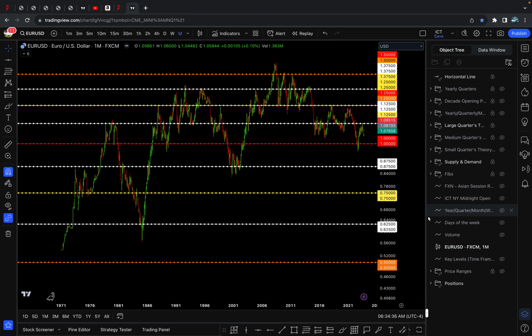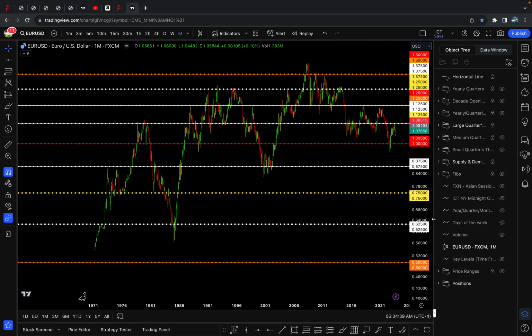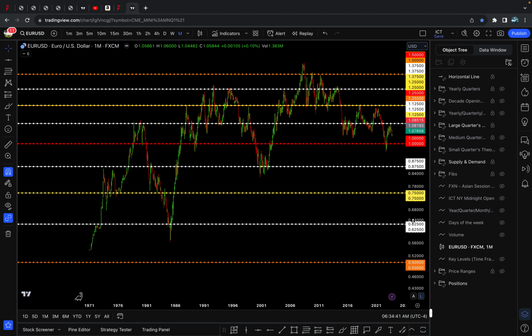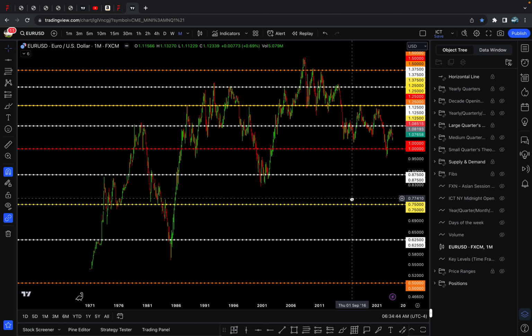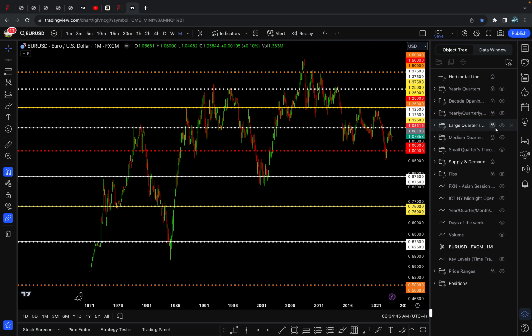Anyway, why did that get all slid over? Alright. So, basically, this is what I have labeled as large quarters theory level here. And I apologize for these little things, I couldn't figure out how to get those off of there, so hopefully that's not confusing you.